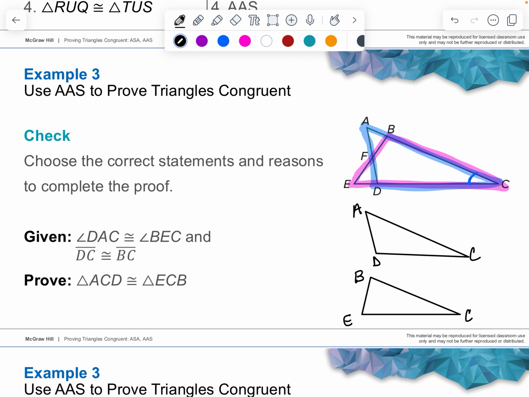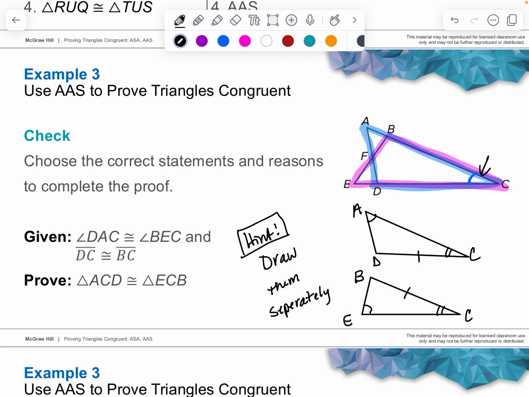So DAC, BEC are equal. Then they tell us that DC is equal to BC, okay? And then you notice that this is equal also, okay? Draw them separately. That's my hint.